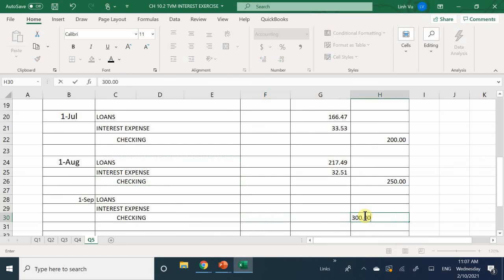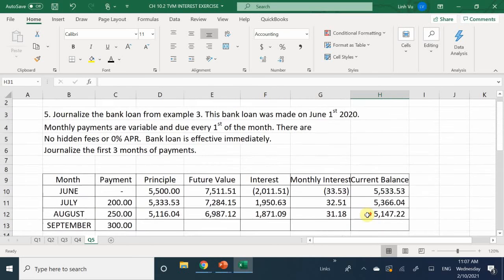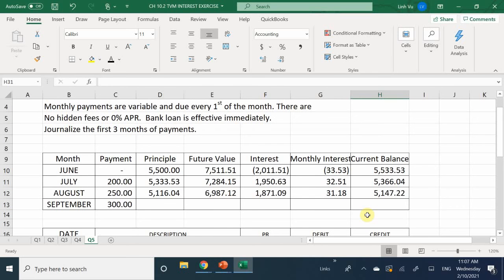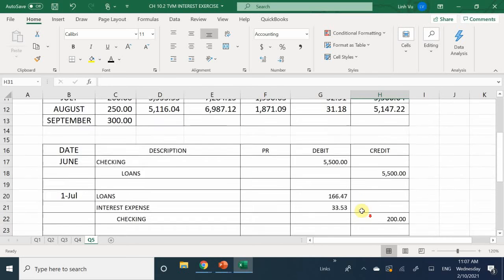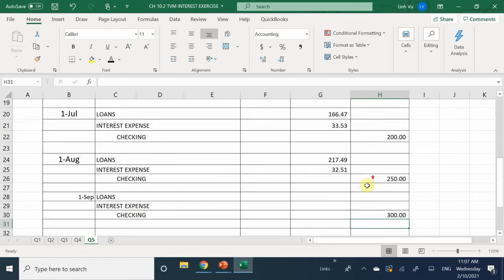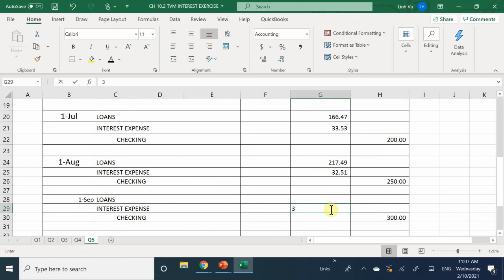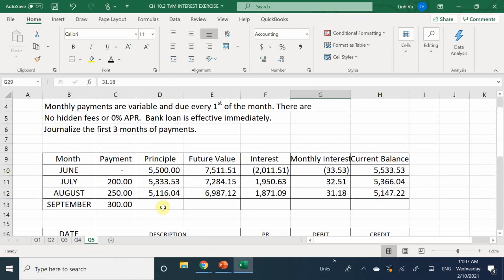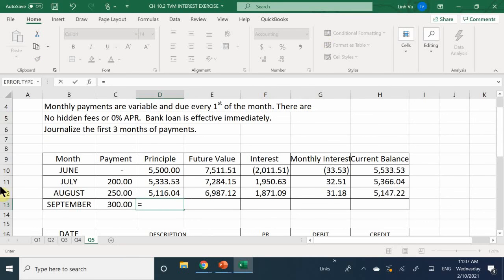And then how much was my monthly interest for September? $31.18. So how much is actually going towards my principal? $268.82. All right. And of course, I'm going to come here so I can calculate my new current balance.